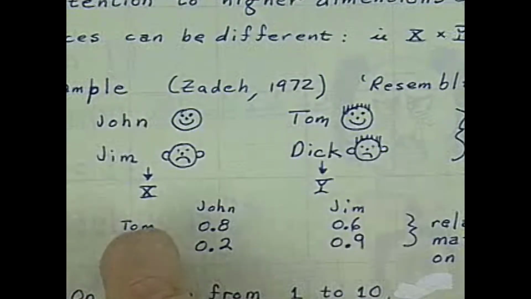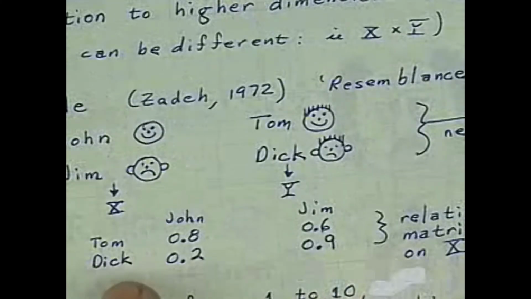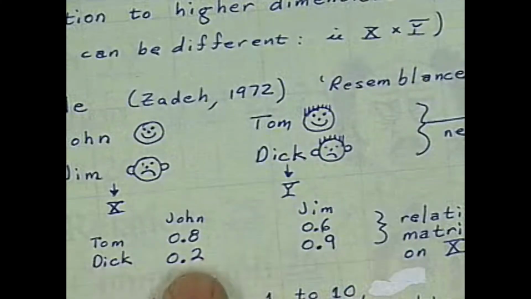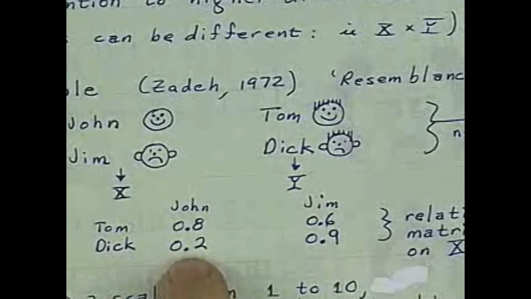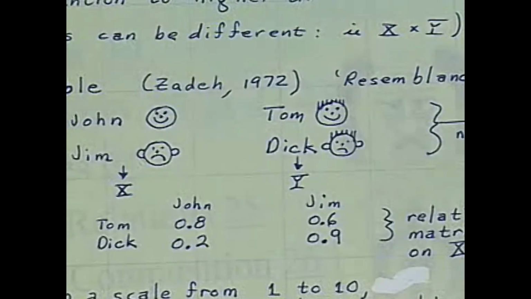But if we know the relationship between Tom with John and Jim, and Dick with John and Jim, shouldn't we be able to determine the relationship between Dick and Tom? You get the idea? Let's see what we can do with that.